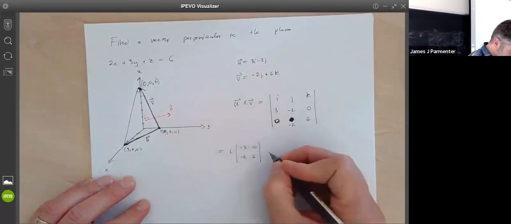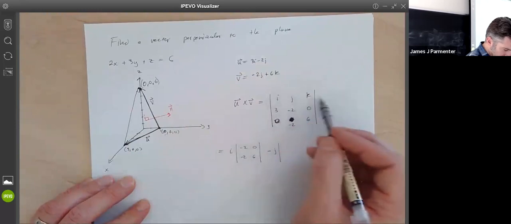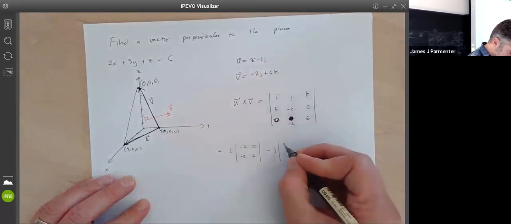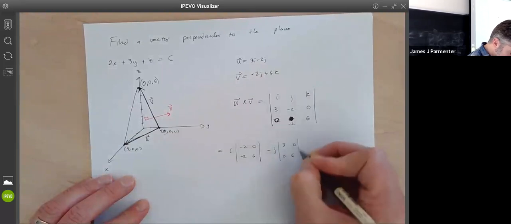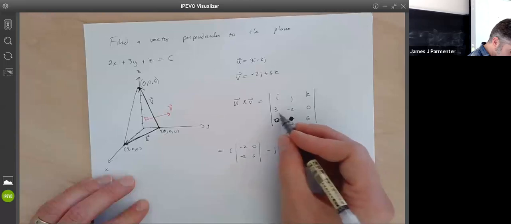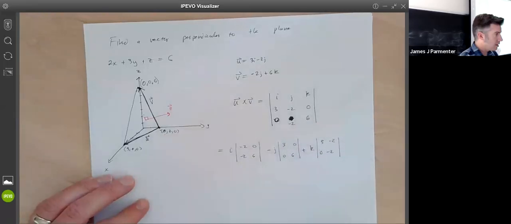minus j times the determinant of, basically you're just crossing out the row and column that j is in, so it's going to be 3, 0, 0, 6, plus k times the determinant of this matrix, 3, -2, 0, -2. Let's see what we get.